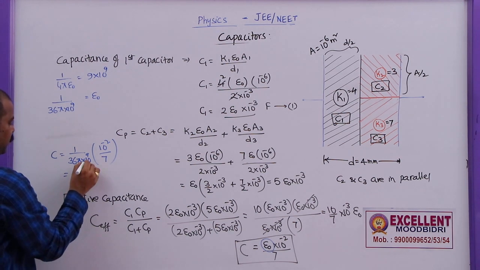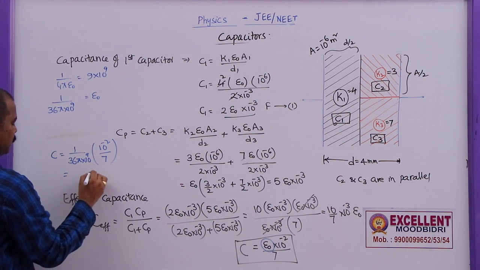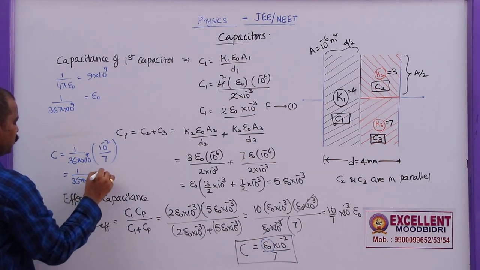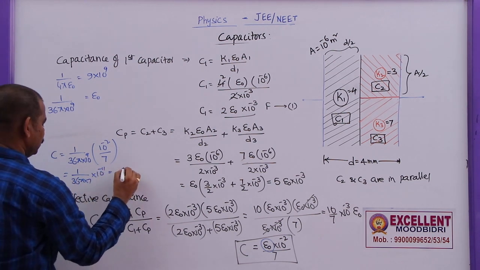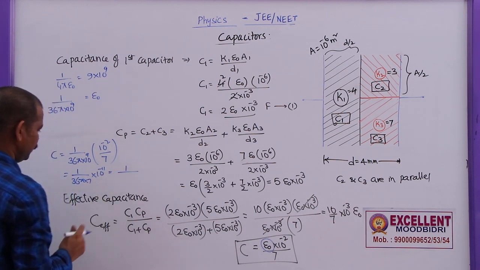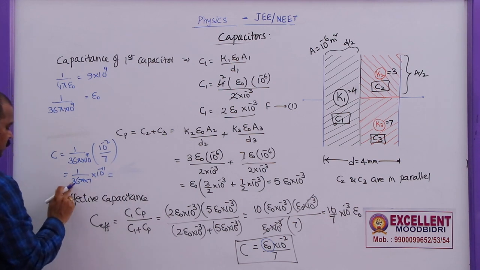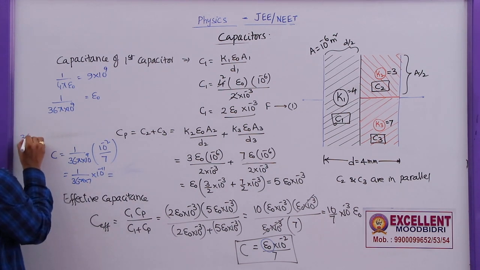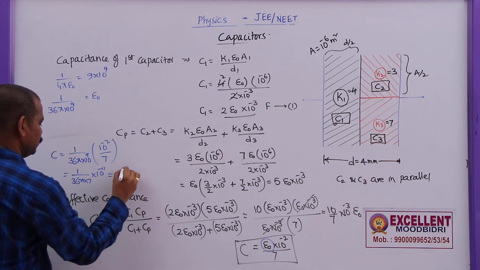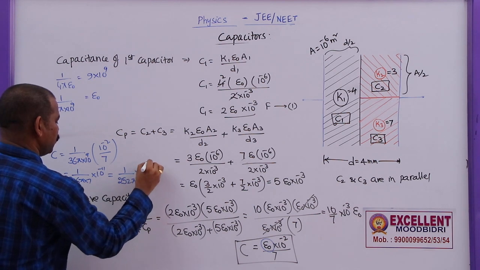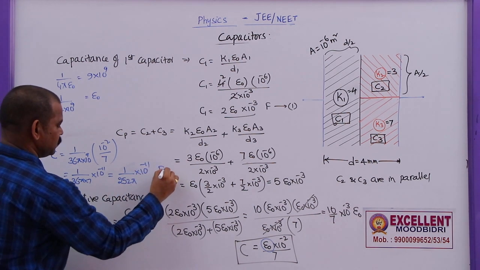So this will be minus 9 minus 2 means minus 11. So this is 1 by 36 pi into 7 into 10 power minus 11. 36 into 7, 1 by 252 pi into 10 power minus 11 farads.